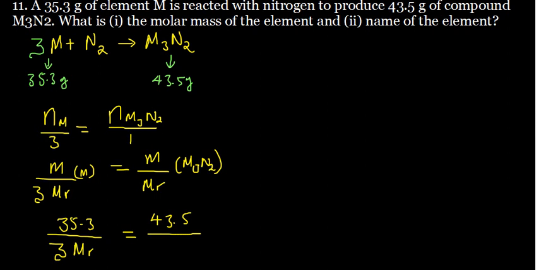So let me just put X here before I substitute the value that I found earlier. Okay, so from here I'm going to do a cross multiplication. So that is going to give us 35.3 times X. That will be 35.3X, and that is going to be 3 multiplied by 43.5.